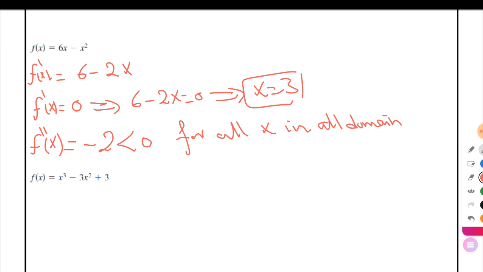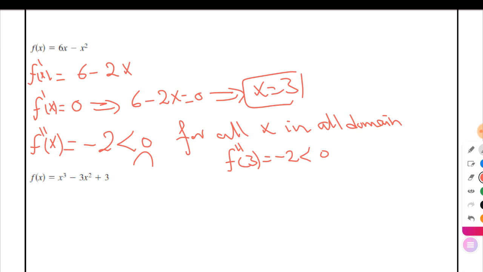Okay, so the second derivative at 3 equals negative 2, less than 0. Since it is negative 2 for all x, it will be negative 2 at x equals 3. In this case, is it concave upward or downward? Concave downward.